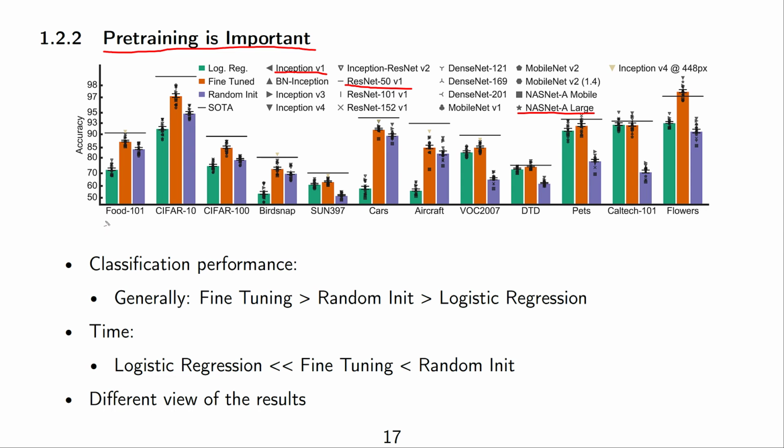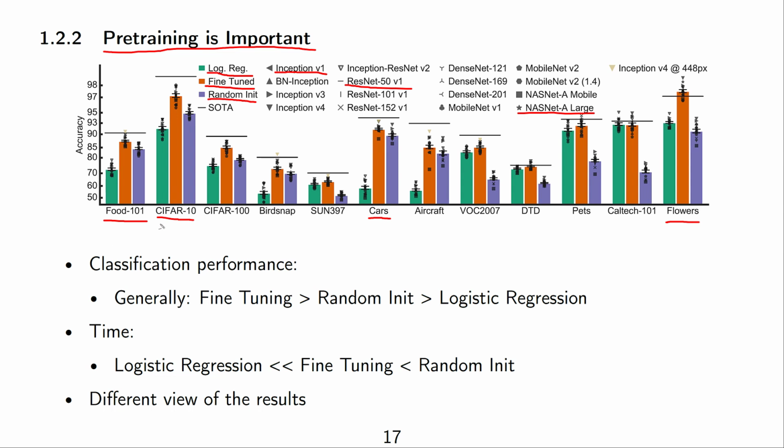Then we have different datasets, so for example, Food 101, CIFAR 10, Cars, or Flowers. For each of the datasets, we are going to look at these 3 versions of transfer learning: logistic regression, where just the last layer is being trained; fine-tuned, where weights are copied but all of the layers are being trained; and then random initialization, where the architecture is being copied but no weights are being copied and all the layers are being trained.